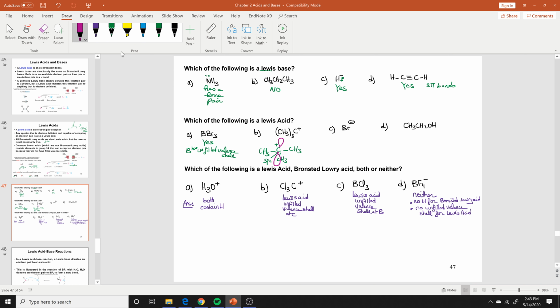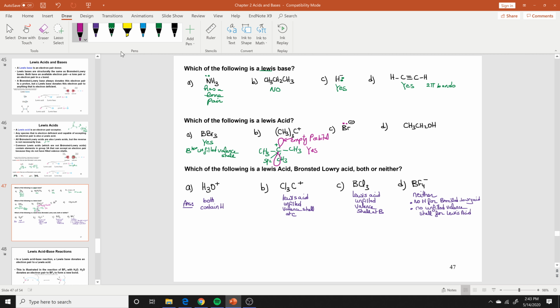Do you see it? This is my empty p orbital in there. So it has an unfilled valence shell on the carbon. It does have an unfilled p orbital on the carbon. So this carbocation, yes, it is going to be my Lewis acid in this case.